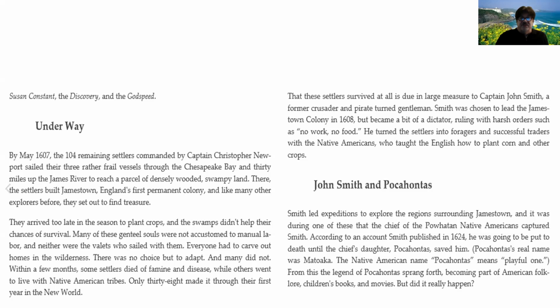Smith was chosen to lead the Jamestown colony in 1608, but became a bit of a dictator, ruling with harsh orders such as no work, no food. He turned the settlers into, as I continue, foragers and successful traders with the Native Americans, who taught the English how to plant corn and other crops.